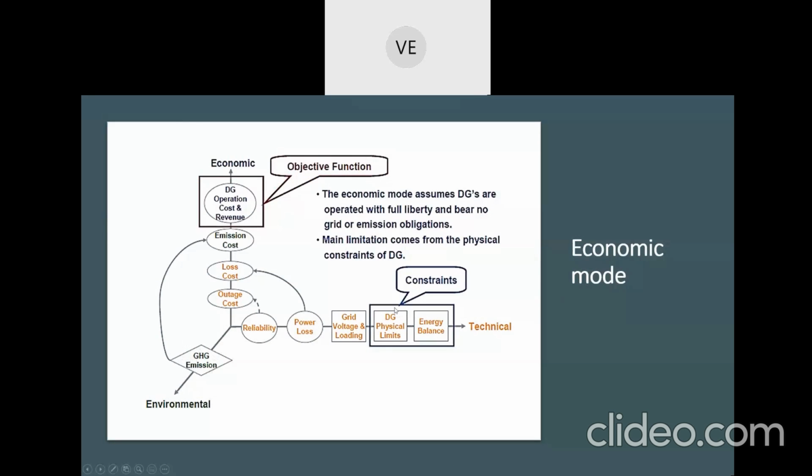So here he considers DG physical limits, that is, every distributed generator has a minimum and maximum limit of generation, and that is considered. Then energy balance is an equality constraint, right? Generation minus demand minus loss is 0. So these two are technical constraints, and he's not very stringent with them.